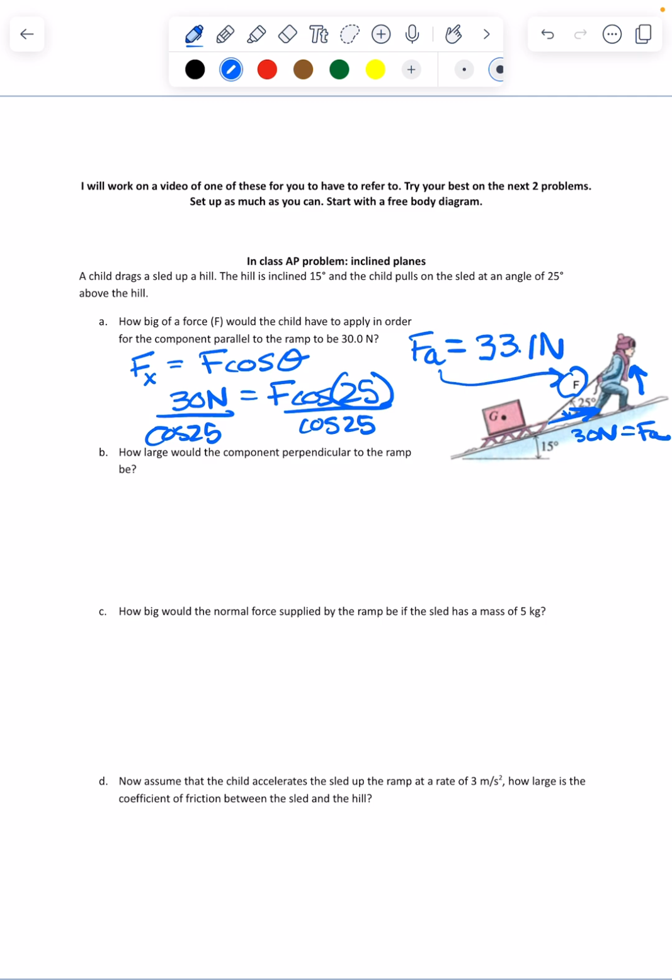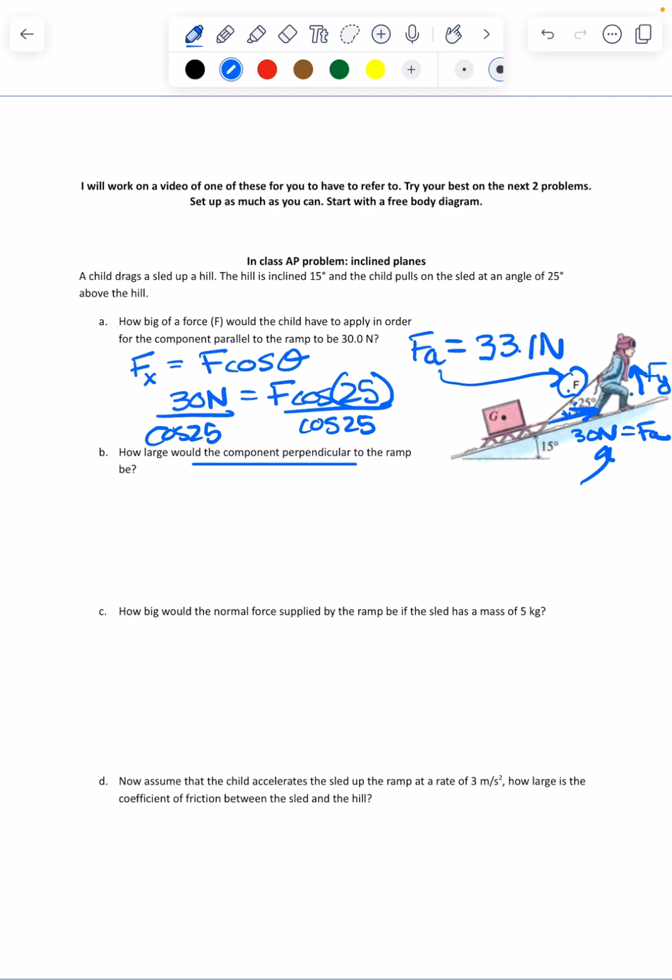Remember, the only part that actually is moving it up the ramp is this 30 newton component. Okay, so F is equal to 33.1 newtons for part 1. Now it says, how big would the component perpendicular to the ramp be? So I know that he's pulling with a force of 33, and now I want to know, what is this Fy? What is that part of the pull up off the ramp a little bit? So that's the sine component.